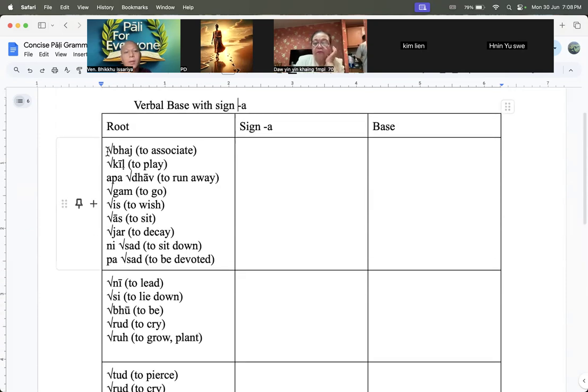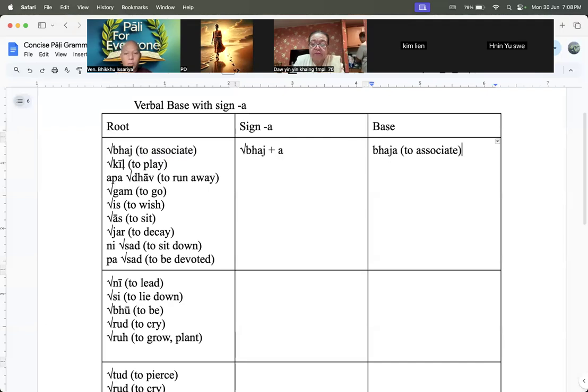So the first one is here, root bhaj, which means to associate. If we add the a sign, for example, root bhaj plus a, we don't need to change anything. As a base form, we have bhaja.